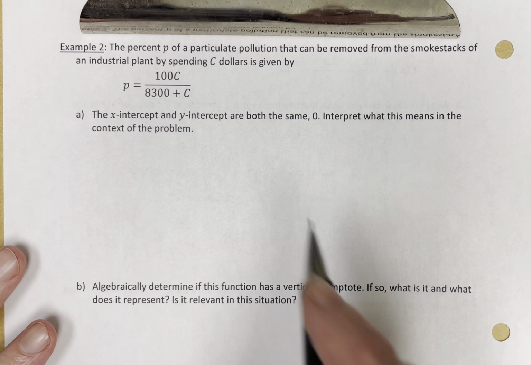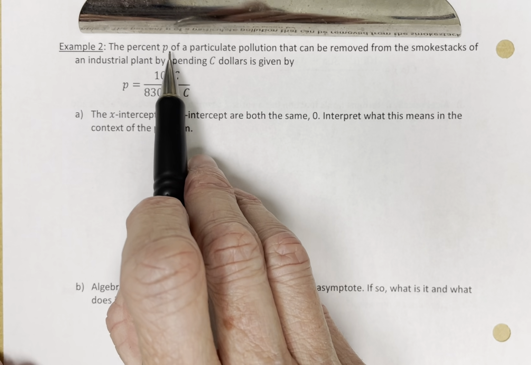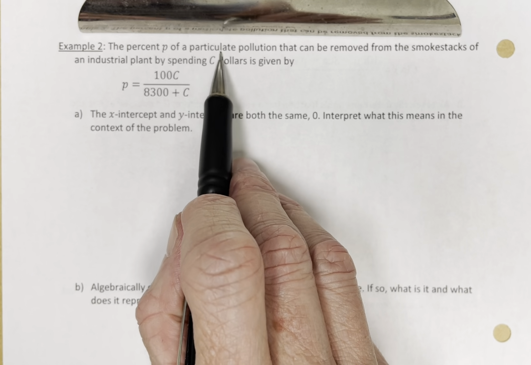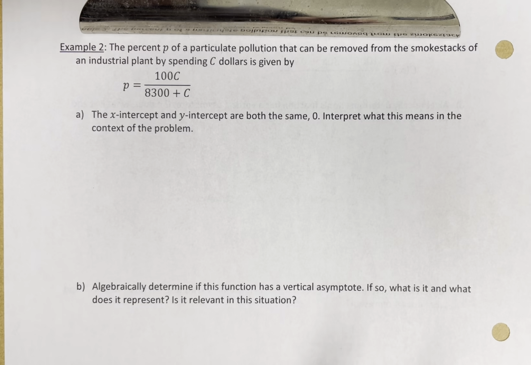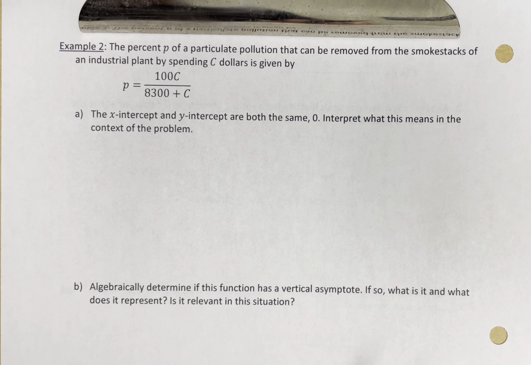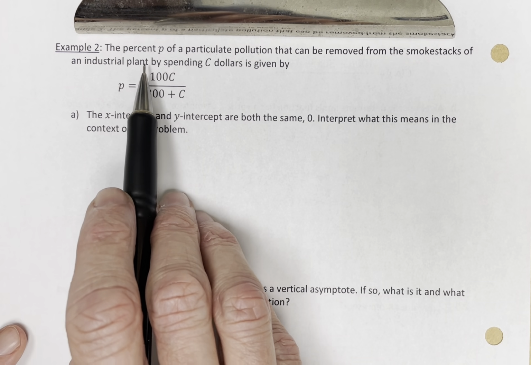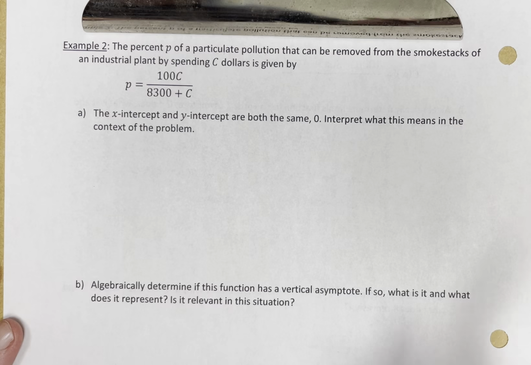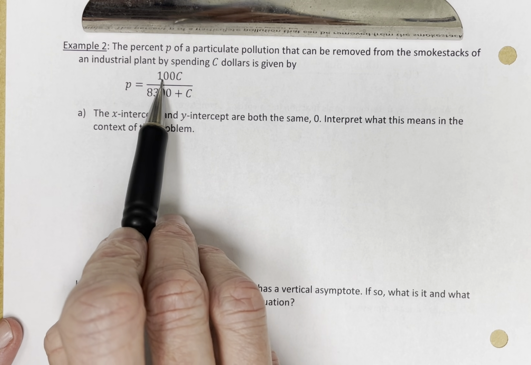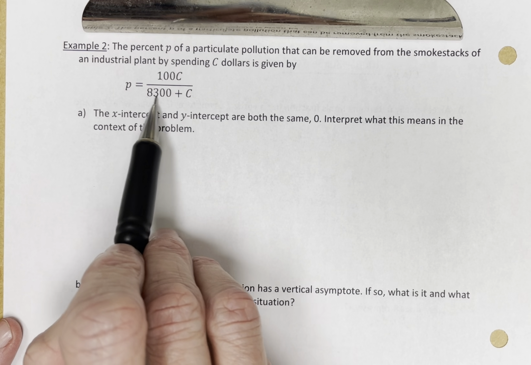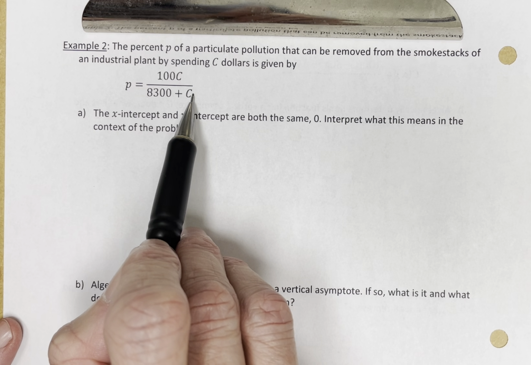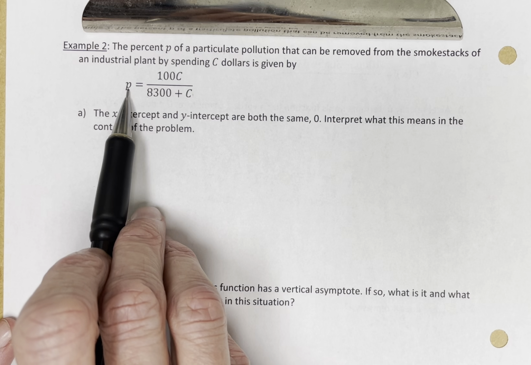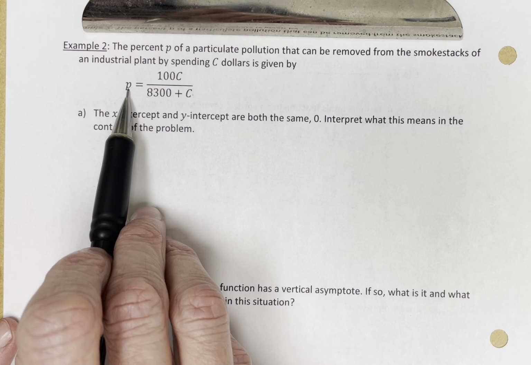Example number 2. The percent P of particulate pollution that can be removed from the smokestacks of an industrial plant by spending C dollars is given by 100 times C divided by 8,300 plus C. So the idea is we'll spend money, and what percent of the pollution will we be able to remove?